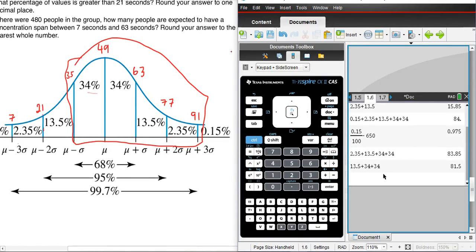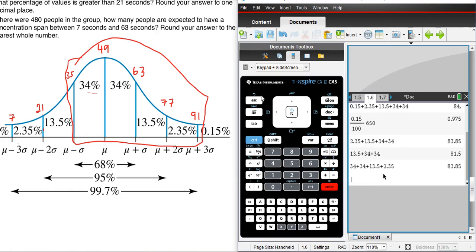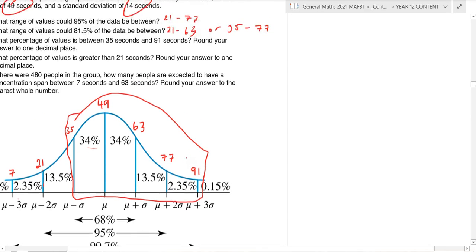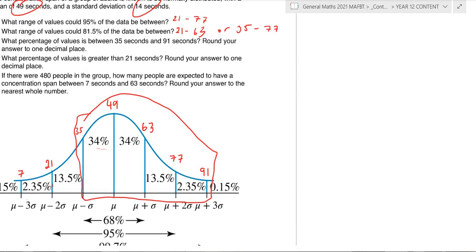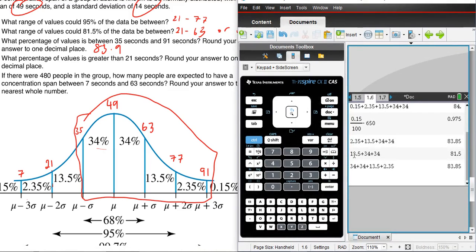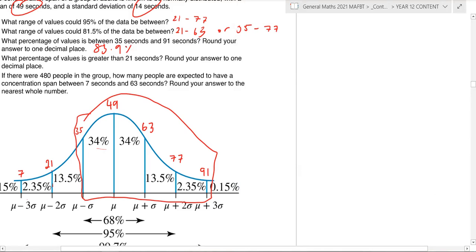So 34 plus 34 plus 13.5 plus 2.35, which equals 83.85. We're going to round it to one decimal, so 83.9 percent. Okay, next one.